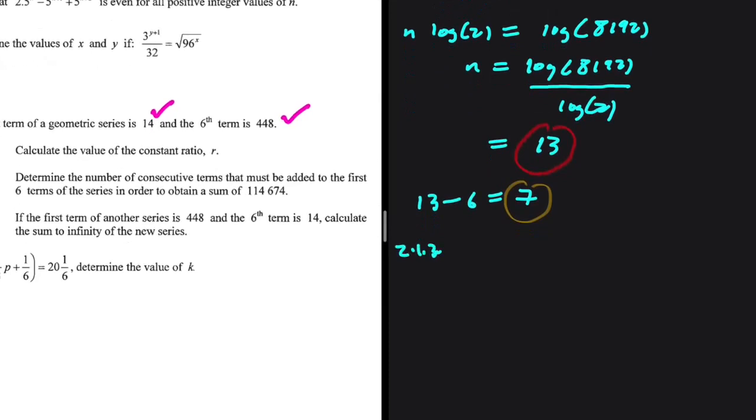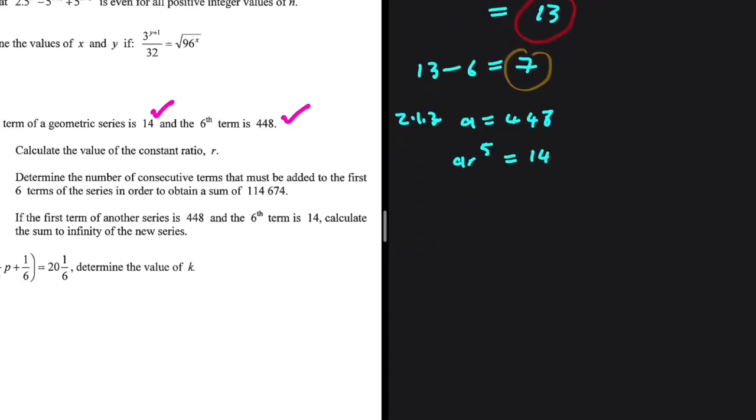If the first term of another series, so we have A being equal to 448, and the 6th term, so we have AR to the power 5 being equal to 14. Calculate the sum to infinity of the new series. So we have A. Another point of information we need is R. If we substitute A into this equation, we're going to have 448 R to the power 5 being equal to 14.